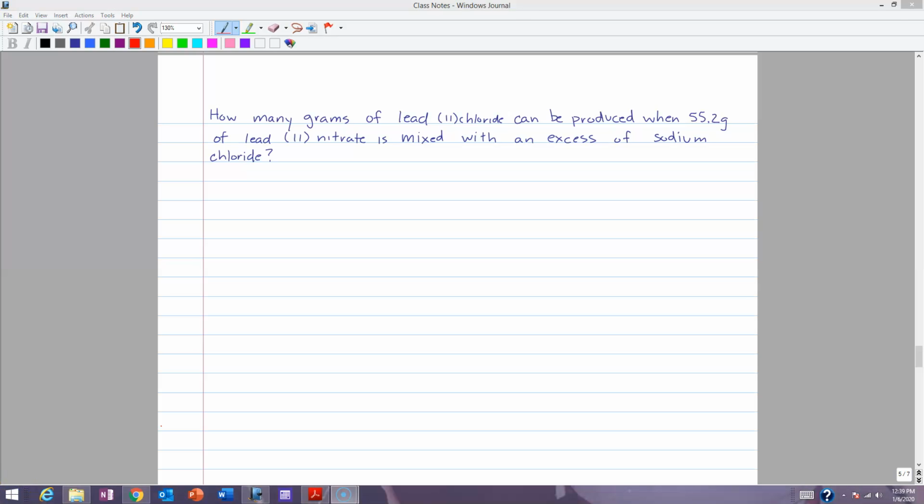Our next practice problem is going to be how many grams of lead 2 chloride can be produced when 55.2 grams of lead 2 nitrate is mixed with an excess of sodium chloride. So remember, the first thing we have to do is get our chemical reaction written and balanced. So we're going to have lead 2 nitrate mixed with sodium chloride.